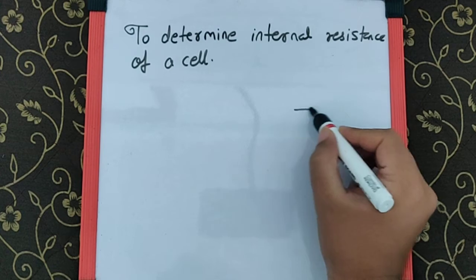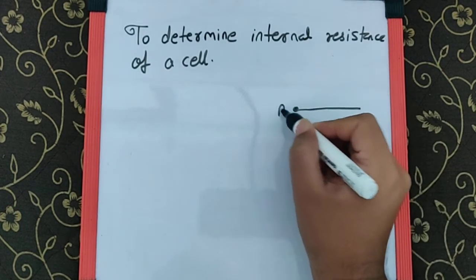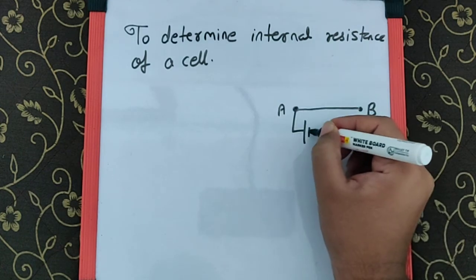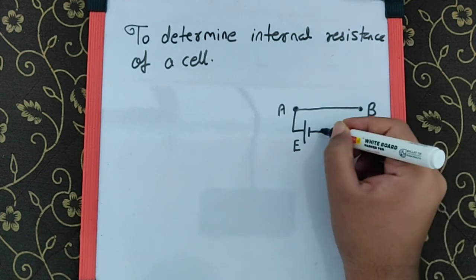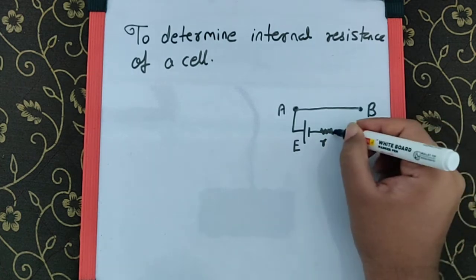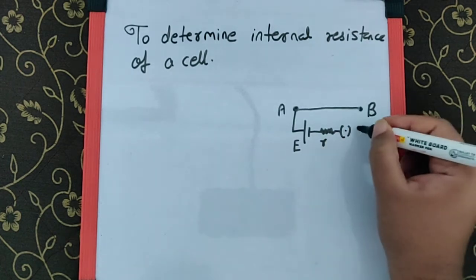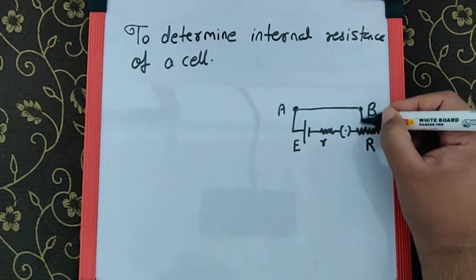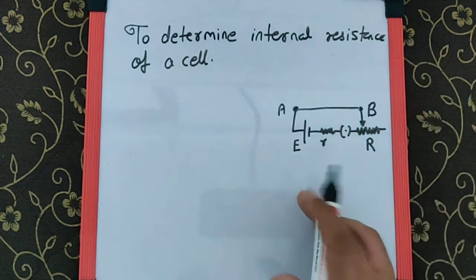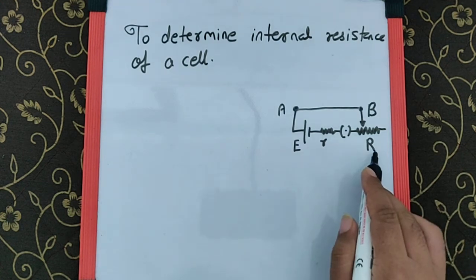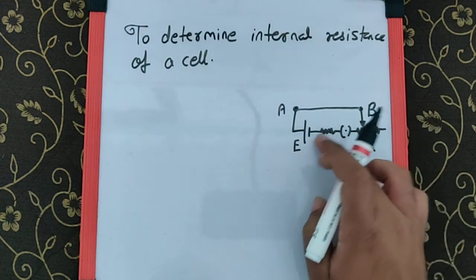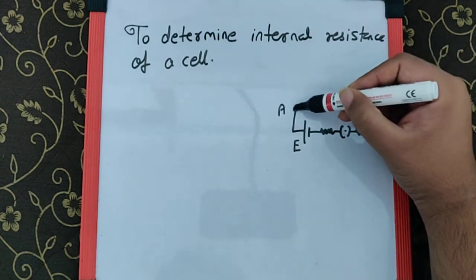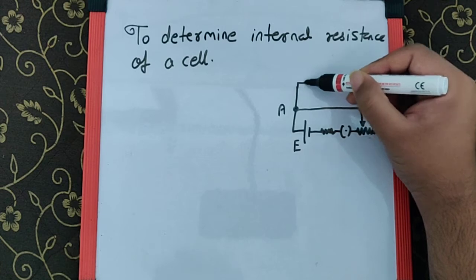So if we have a wire AB connected to the battery of EMF E, internal resistance r, a key, and a rheostat of resistance capital R, where these terms are not going to be useful a lot, so I'm just not writing this for the time being, as well as to avoid confusion between the terminologies.